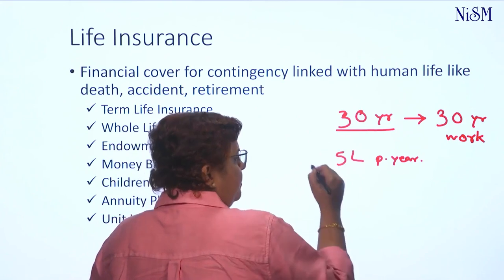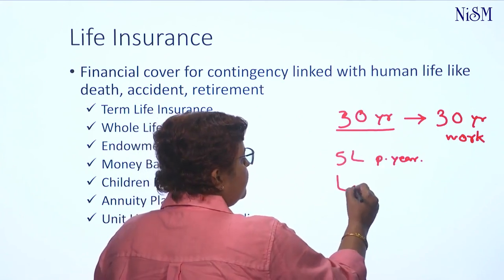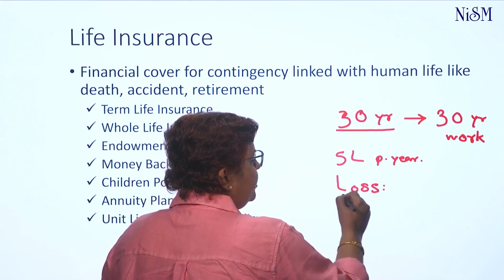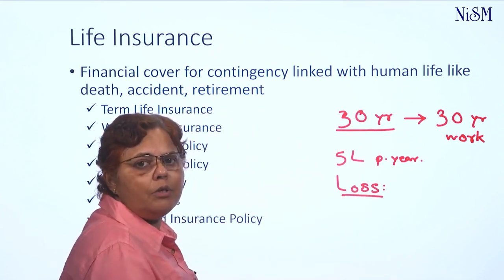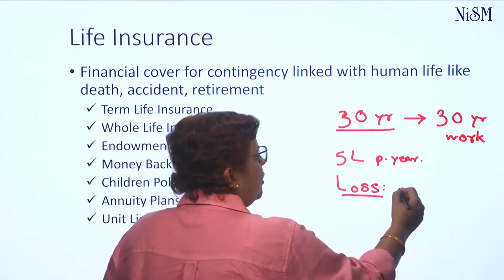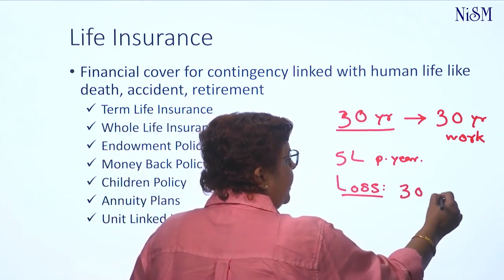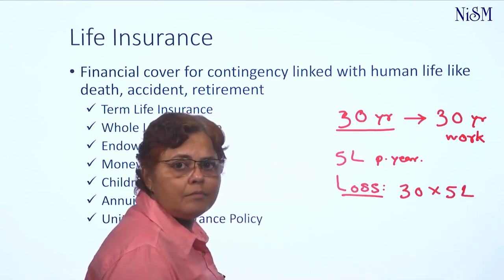Something happens to him and he is no more. What is the loss to the family? Financially, even if you don't consider that he is going to get a salary hike or anything, he would have worked for the next 30 years and earned 5 lakhs per year.